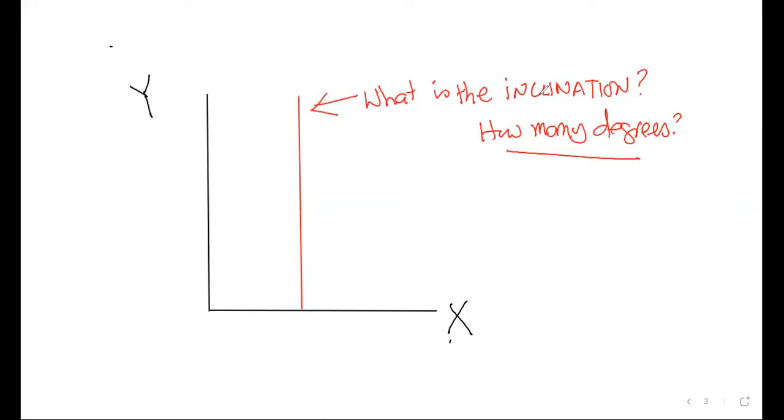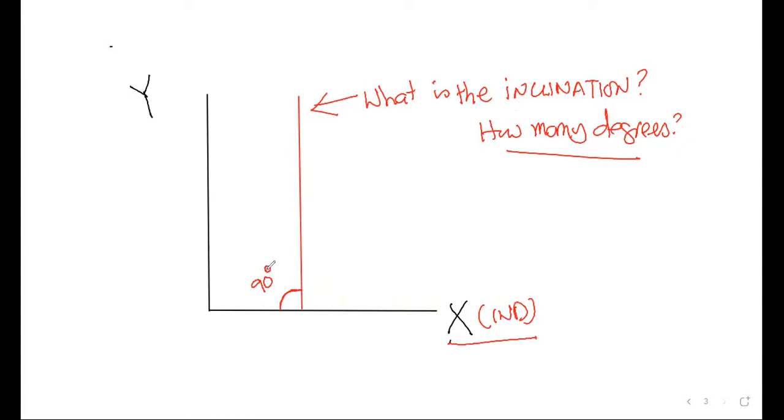You know what inclination means? It's a gradient. Gradient, right? Is there anybody who doesn't know what gradient means? Okay. What is the independent axis? X. So what is the inclination here?